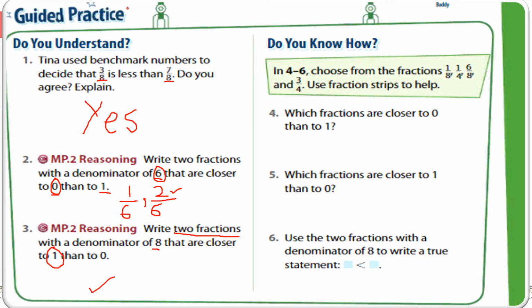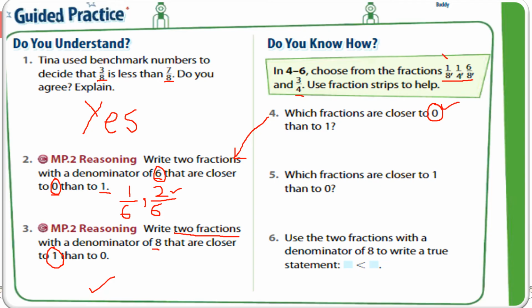Okay, for questions 4, 5, 6, four fractions are given in the question: 1/8, 1/4, 6/8, and 3/4. Which fractions are closer to 0? We just learned that the fractions with a smaller numerator will be closer to 0.